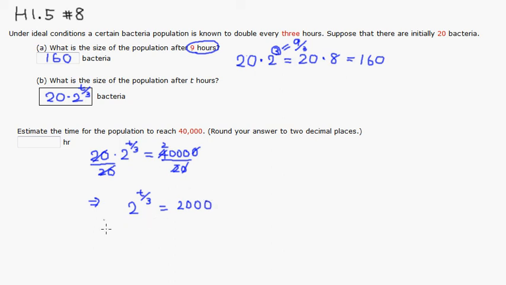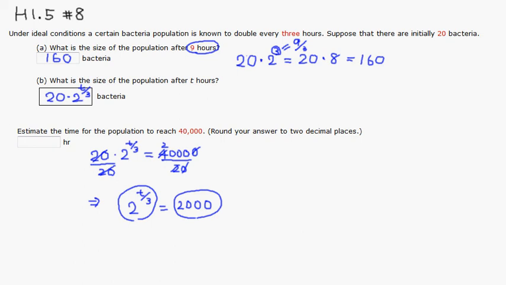Alright, so we need to solve this. I'm going to use Maxima to find the t value. I'm going to sketch the graph of the left hand side, which is 2 to the t over 3, and graph the constant function 2000, then try to find an intersection.